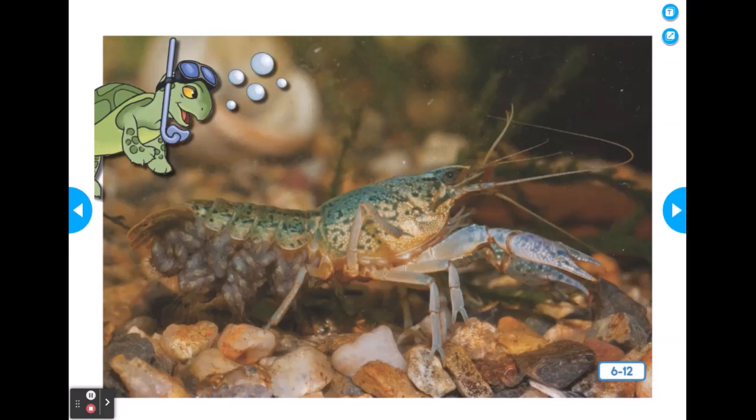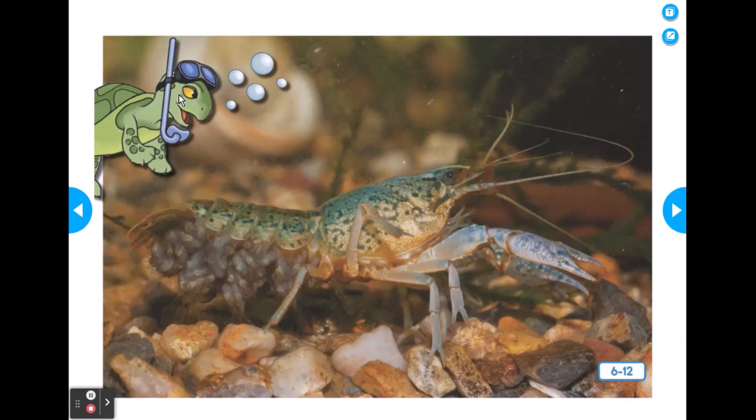It's not on the top of the water, and it's not on the land or the grass. Where does this animal live? Good job! Under the water at the bottom of the pond.